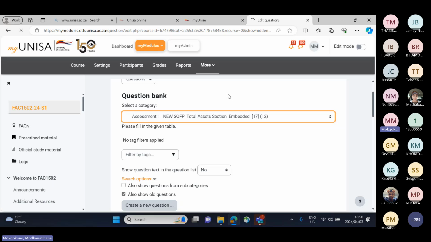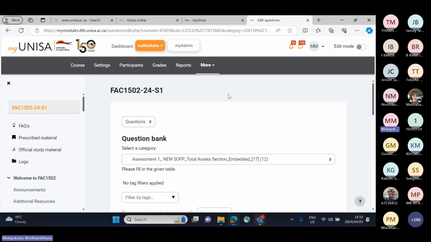VAT output is VAT collected on the sale of goods or services rendered by the entity and will be paid over to SARS. VAT output is a liability, and liabilities increase on the credit side and reduce on the debit side.